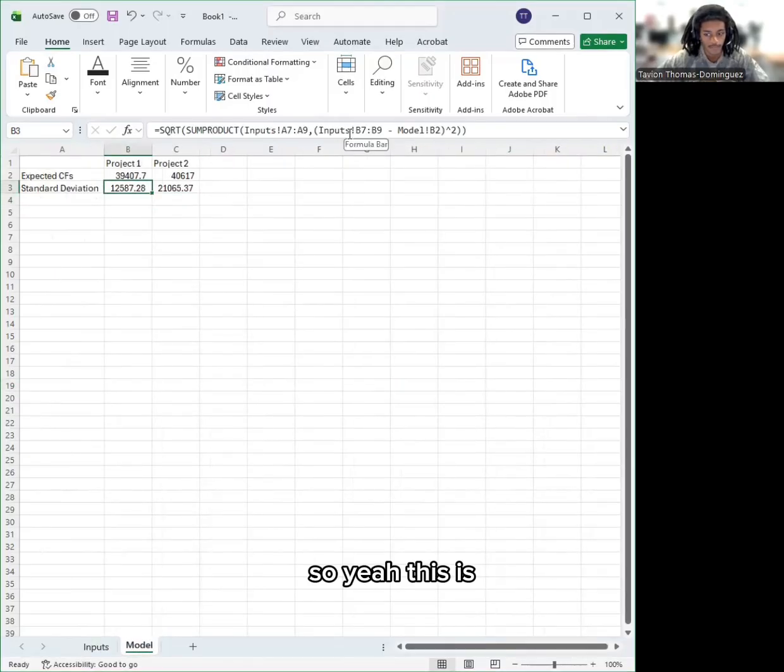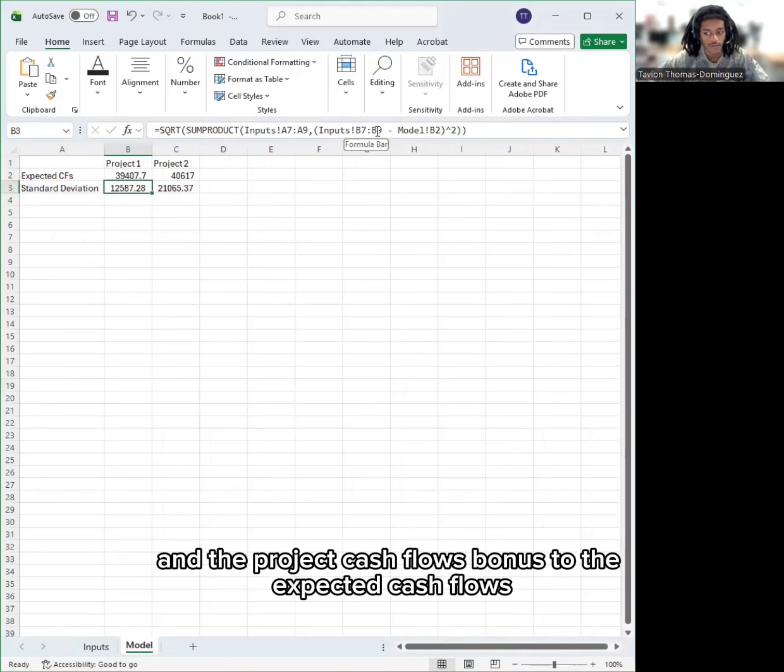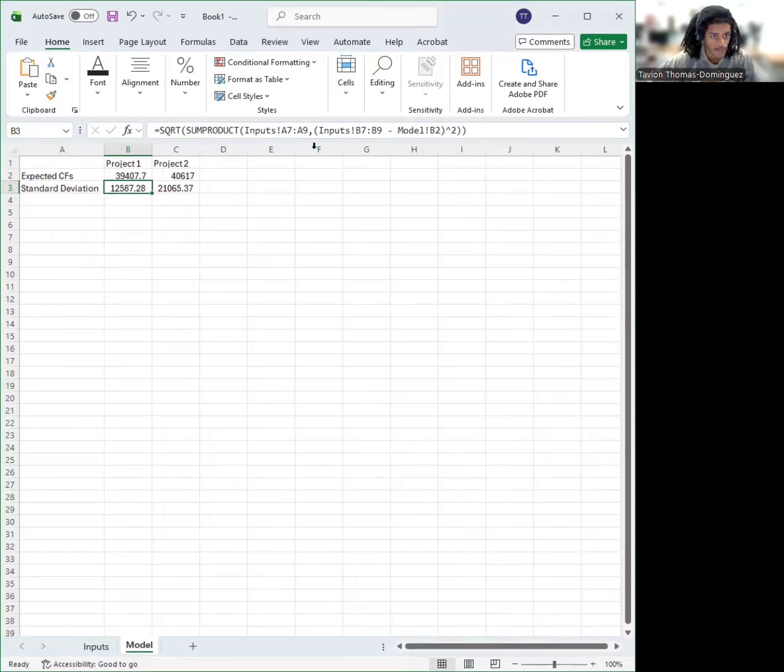So yeah, this is the probabilities and the project cash flows minus the expected cash flows for both.